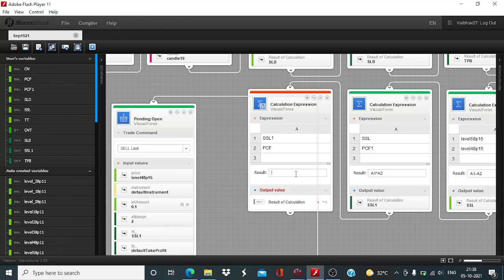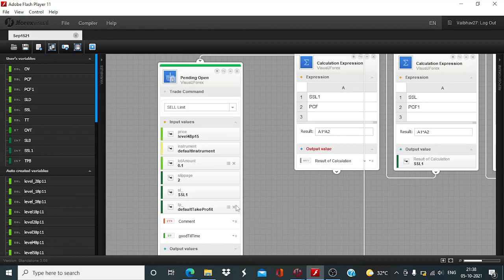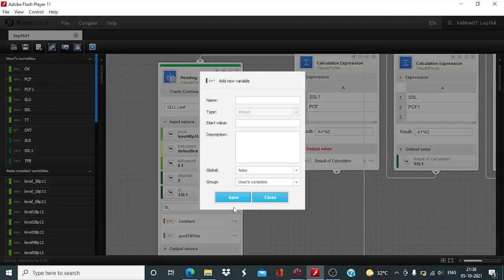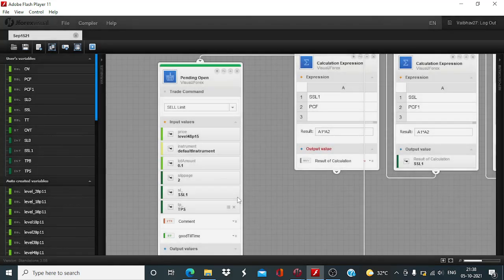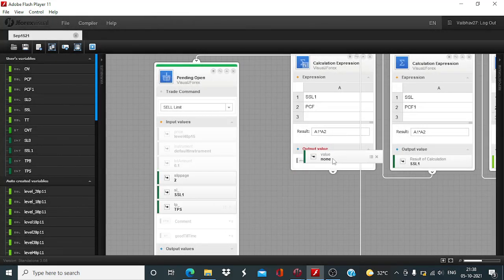This is going to be A1 into A2. Okay. And again, we have to do the same thing. We have to create the variable here, as we need the data type to be integer. And assign it here. Okay.